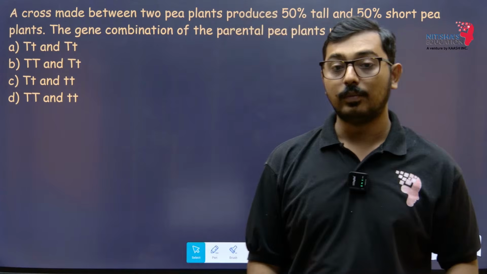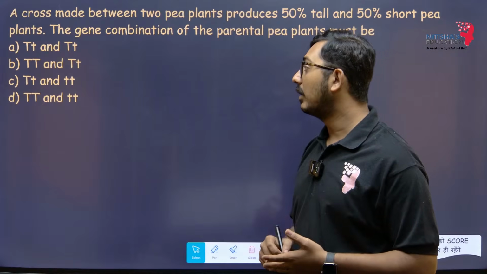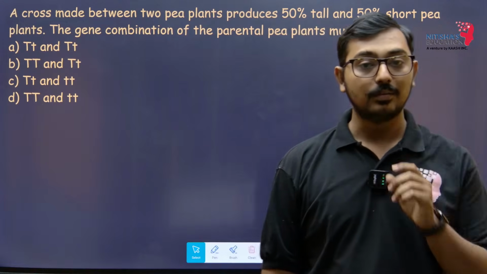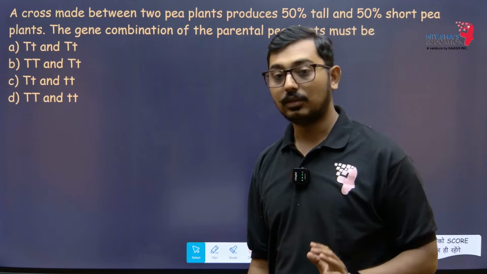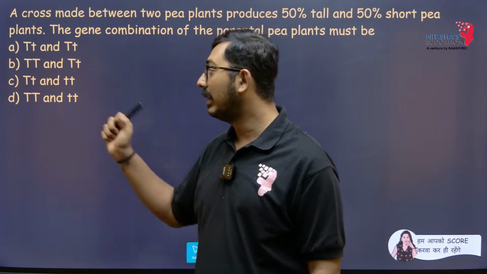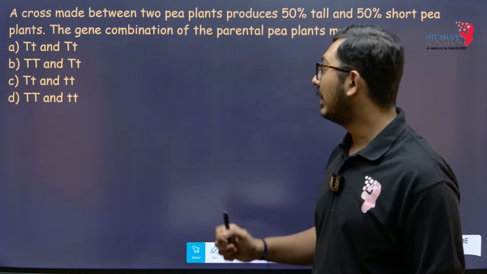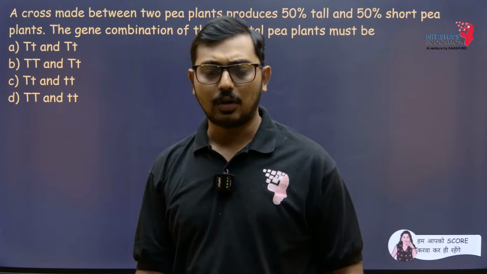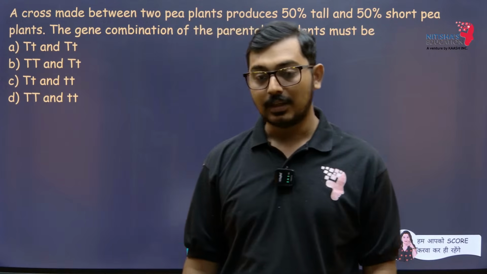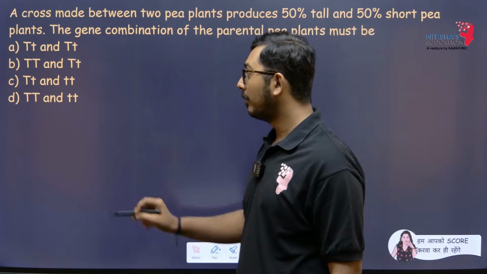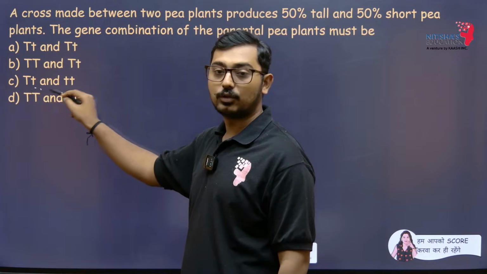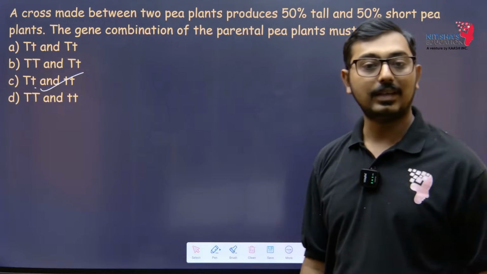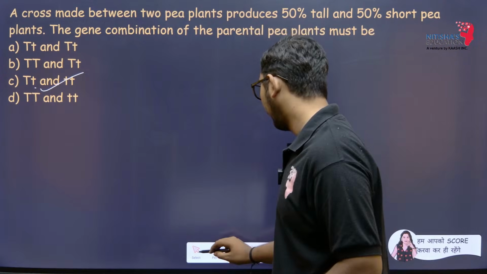Obviously, if we take two capital T's and two small t's, most often you will get tall plants only. So you cannot take D. If it is capital T, capital T, capital T and small t, only one plant would be short, otherwise all the plants would be tall. So the obvious answer is this one, where you will get 50% tall plants and 50% short plants.